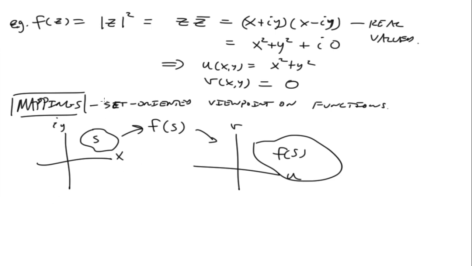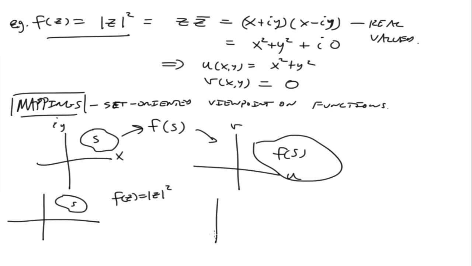Okay, so for instance, in this particular example up here, I take a set out here, and if I'm going to map it through f of z equal to the complex modulus squared, the mapping is completely going to be the positive real line. I can just kind of write it like that.